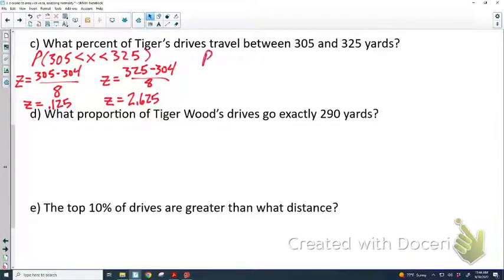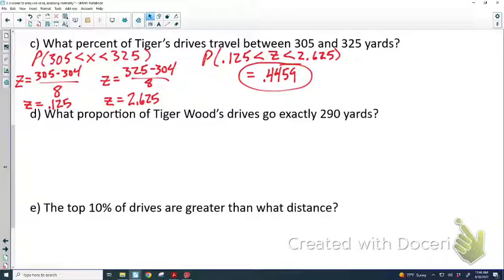Now I'm looking this up with normal CDF. And you should get, for a final answer, 0.4459. I am looking for this, and this. So if you want full points, you got to show me all four of those things.